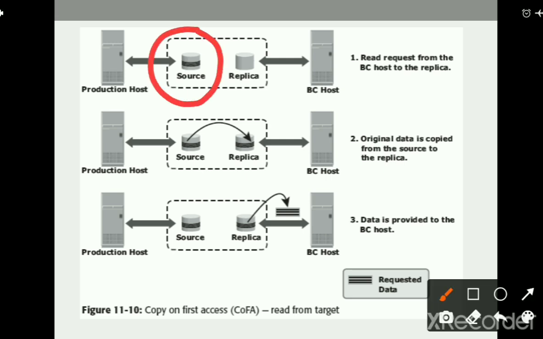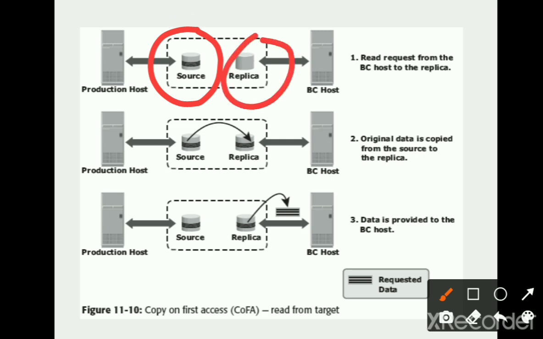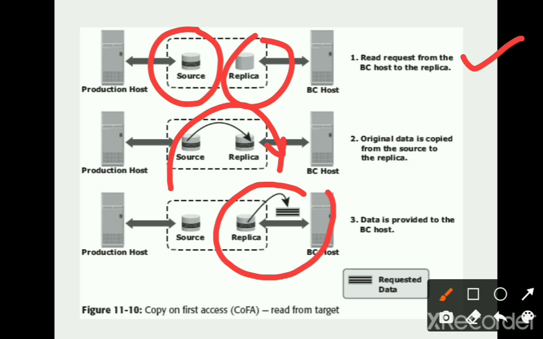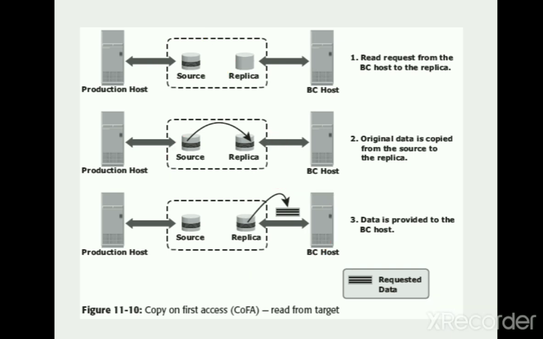The source has the data, the replica does not have any data. If there is a read request from the host for business continuity at the replica, the original data from the source will be copied to the replica, and if new data arrives, that data is also copied to the replica. That means the data can be modified and it can be read from the replica.